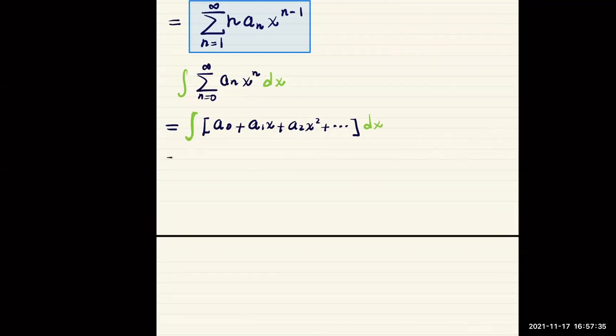The antiderivative of a number is that number times x, so we get a0 times x, plus a1 over 2 times x squared, plus a2 over 3 times x cubed, and so on.